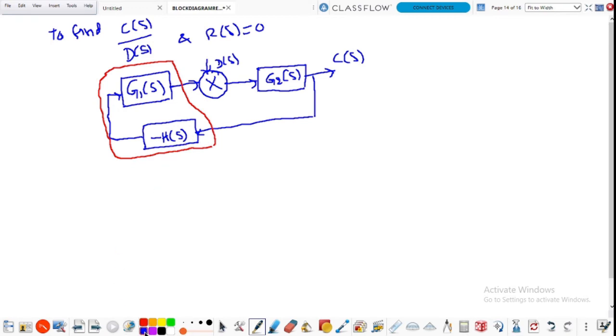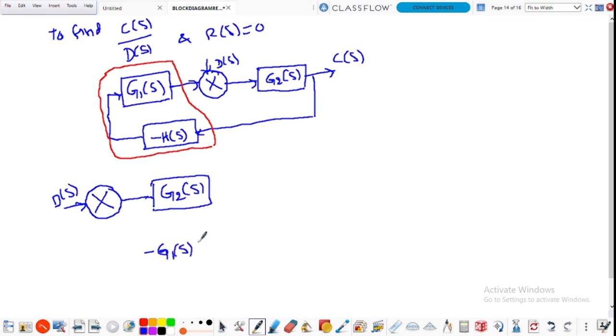And what is the summing point? That summing point is written before. Therefore this is the summing point, and the input D of S, and this summing point is connected to the block G2 of S, and another end of the summing point is connected to the cascade connection of G1 of S and minus H of S. And this is minus G1 of S into H of S. This is the block.